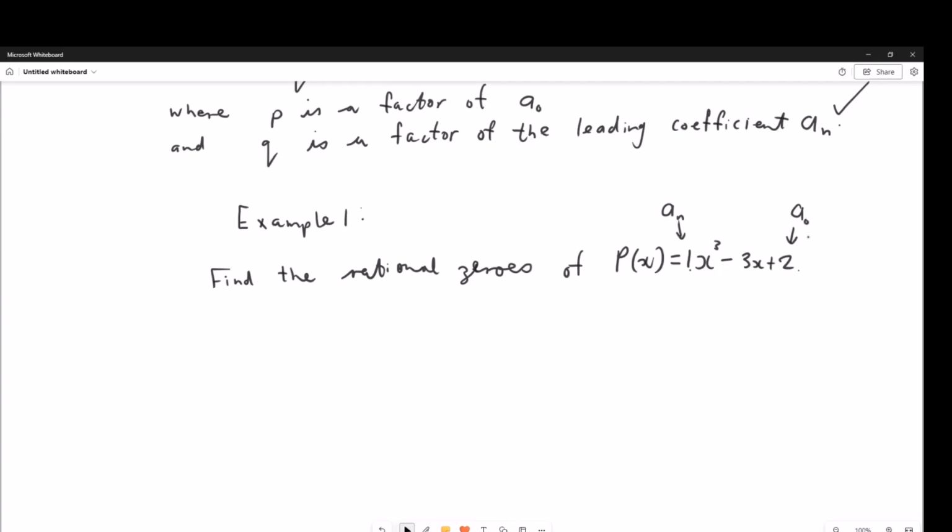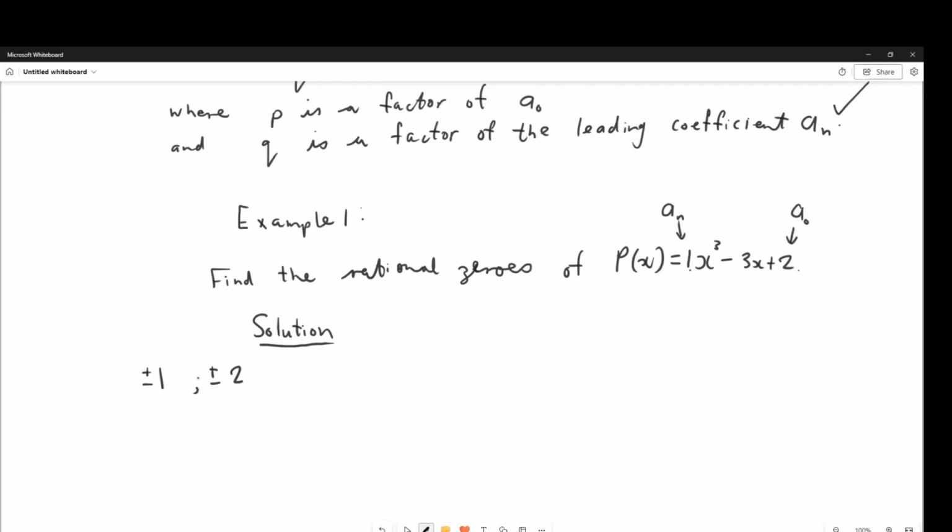And we have to look at the factors of 2 and the factors of 1. Okay. So we have to look at the factors of 2. Of course, 2. So the solution of this goes as follows. So 2 has factors plus or minus 2, and it has factors plus or minus 1.